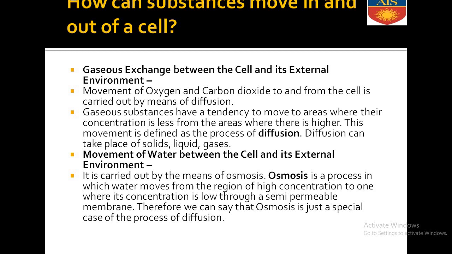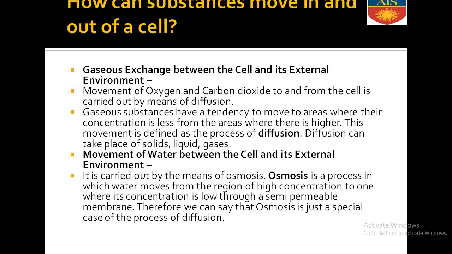In respiration, we inhale air which is rich in oxygen, and we exhale air which is rich in carbon dioxide. So this movement of oxygen and carbon dioxide to and from the cell is carried out by the process of diffusion.